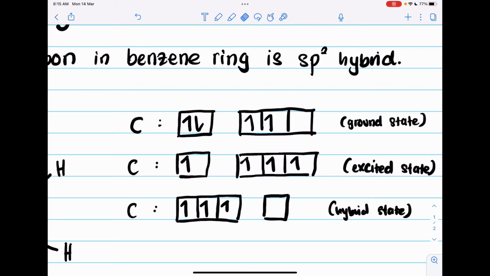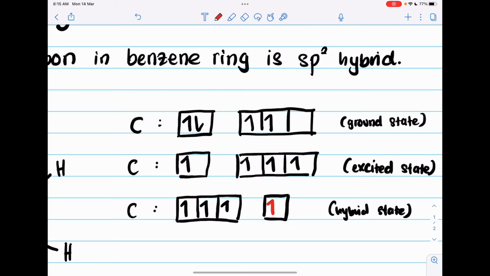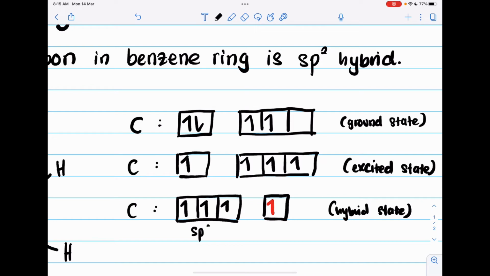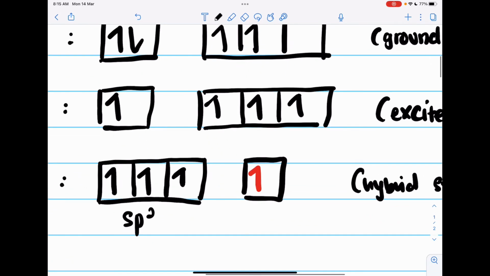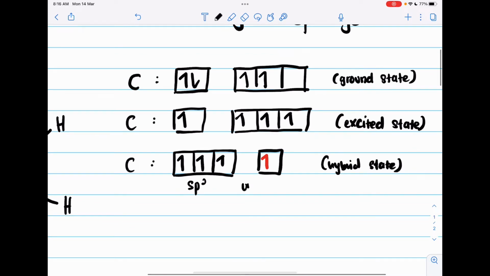In first semester. So ada satu tertinggal kan? Okay, katakan yang satu ni, Madam lukis dia, represent dia warna merah lah. So this is your sp2, and this one we name it as unhybridized p electron.